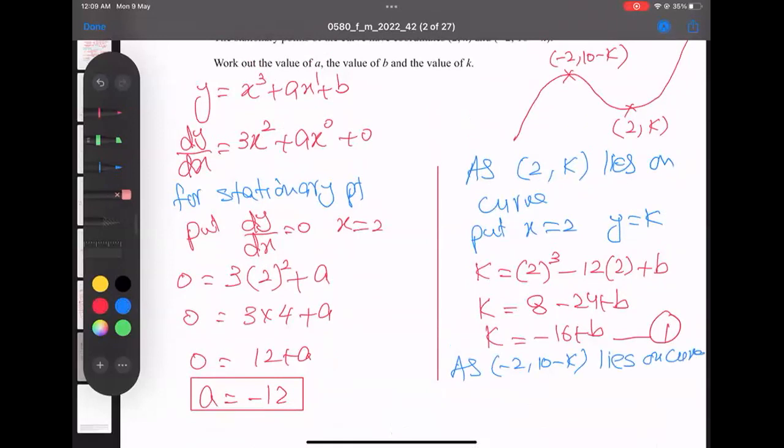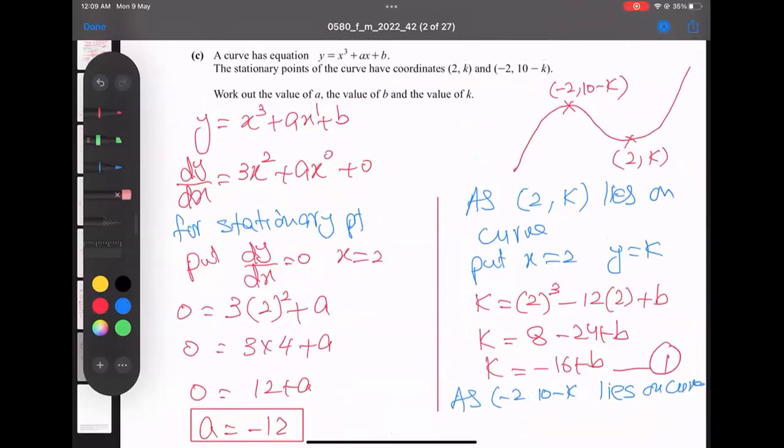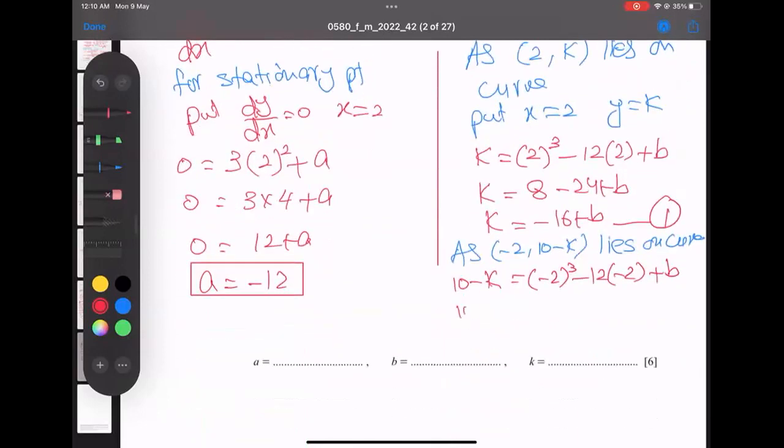I'm going to replace, same story, but this time this value of y, I'm going to put it here, 10 minus k. And -2 I'm putting in the place of x. And a value is -12, again -2 and plus b. So 10 minus k equals -8 plus 24 plus b.